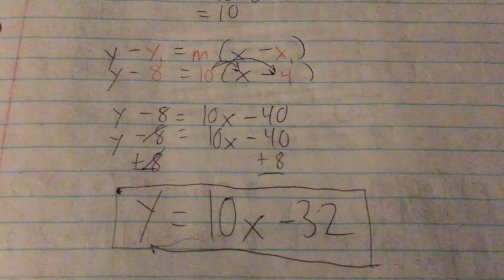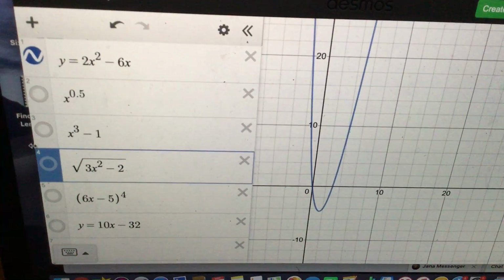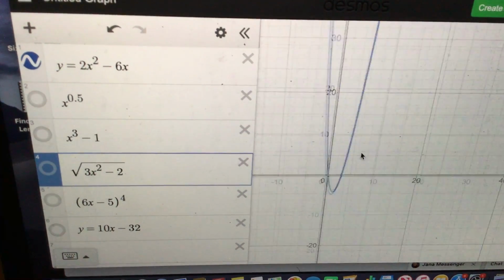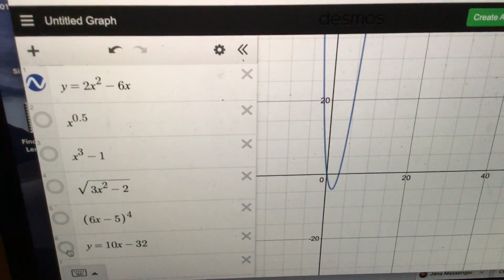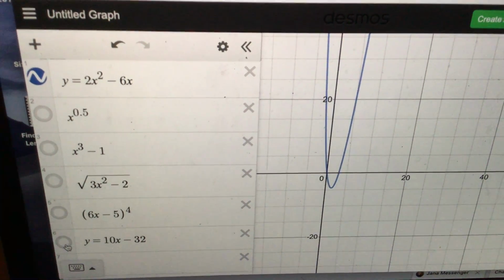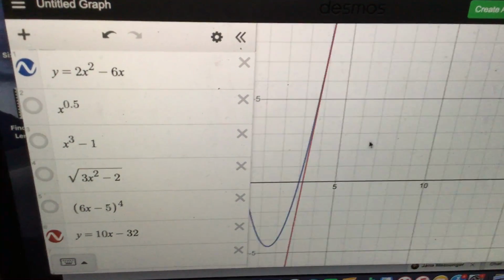So just to show you what it looks like visually, I got Desmos. So I've got y equals 2x squared minus 6x. As you can see, it's a parabola. And if I plug in y equals 10x minus 32, it's going to touch the curve at x equals 4.